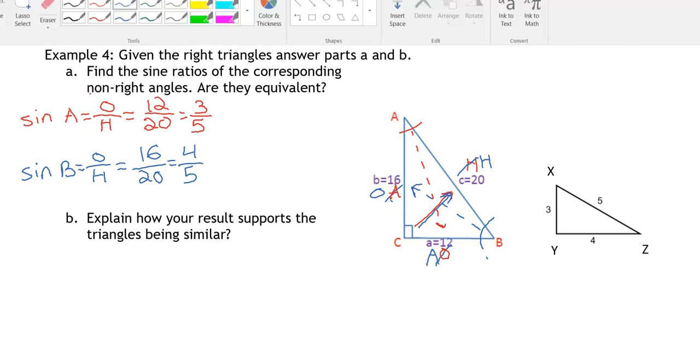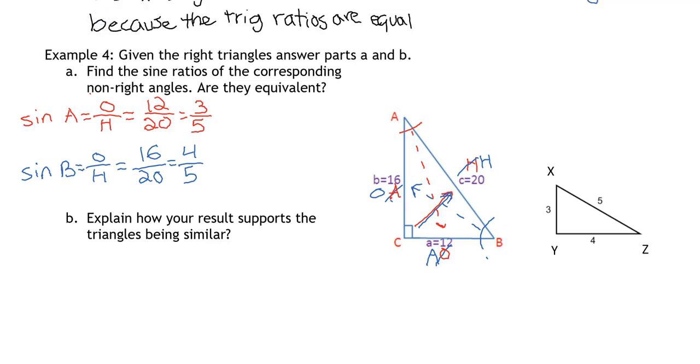Now I have to look at my other triangle. Okay, so same thing, I'll start with X. My right angle is here. So I go across my hypotenuse, opposite, adjacent. So sine of X equals opposite over hypotenuse. My opposite is 4. My hypotenuse is 5. That doesn't reduce.